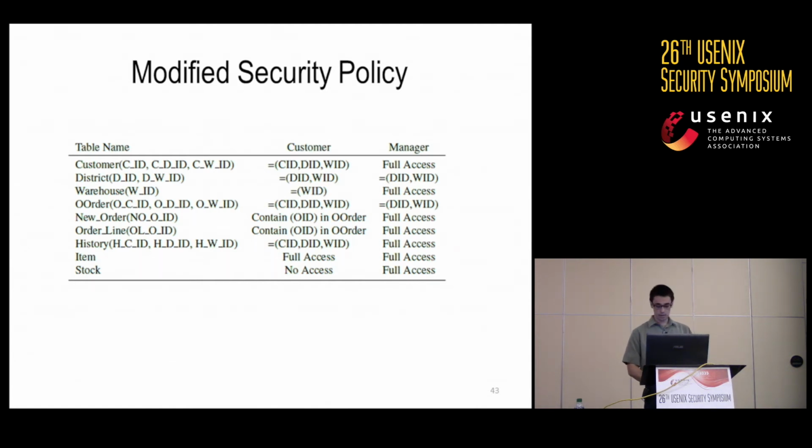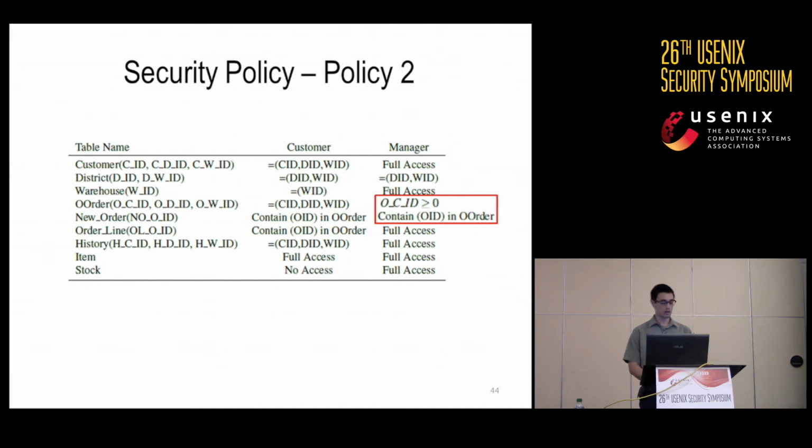In this case, we changed the access control rules for these 2 rows here. Note that within the benchmarking, all of the customer IDs are positive to begin with, so this doesn't actually restrict any of the access that the manager role has to the information, but rather it ensures that there'll be a join query as part of the policy definition for the table.